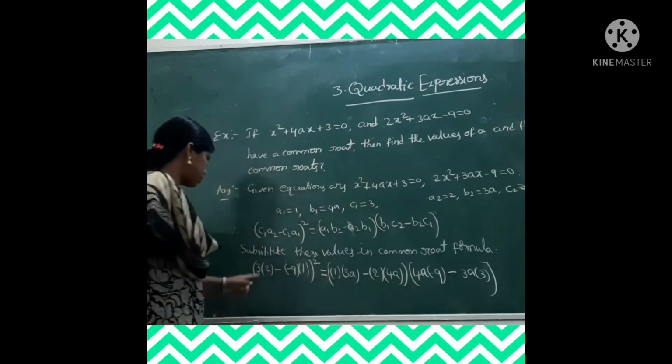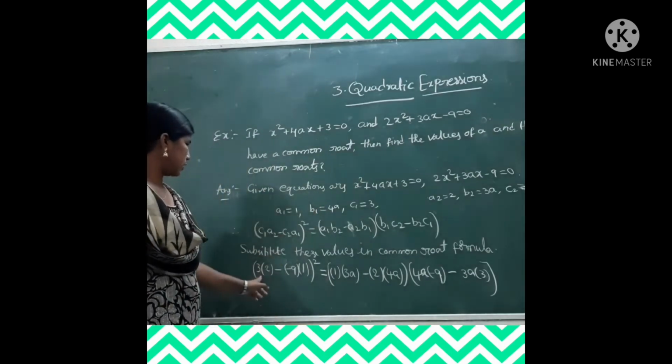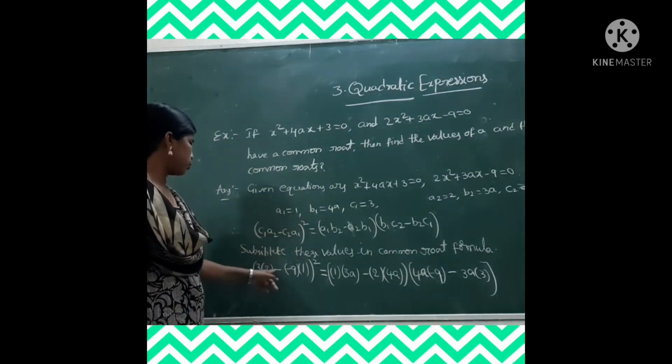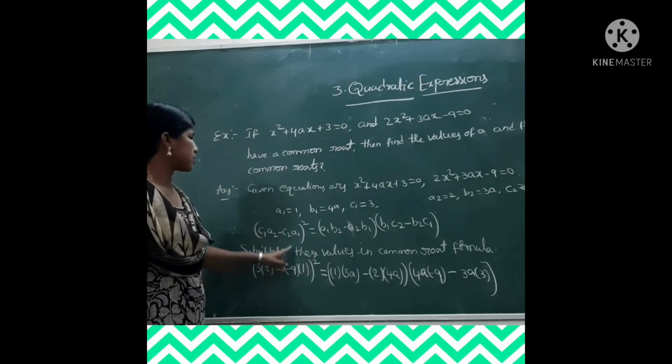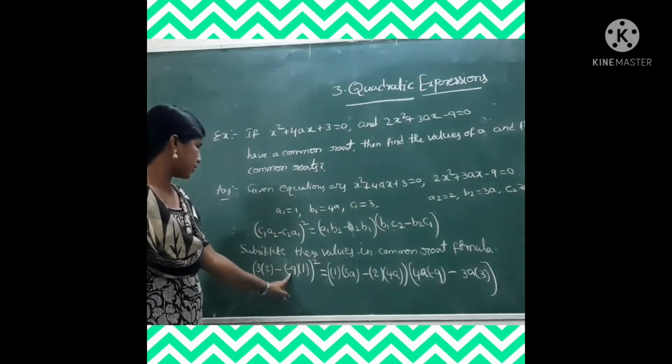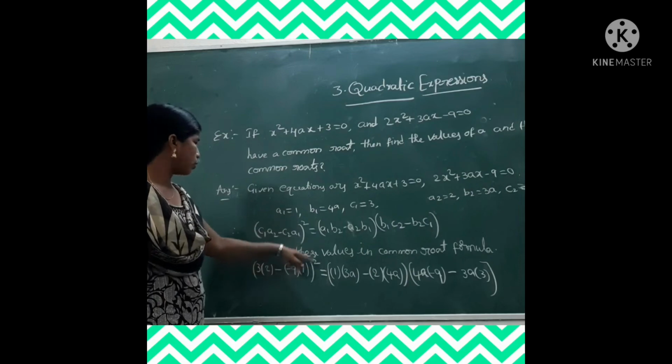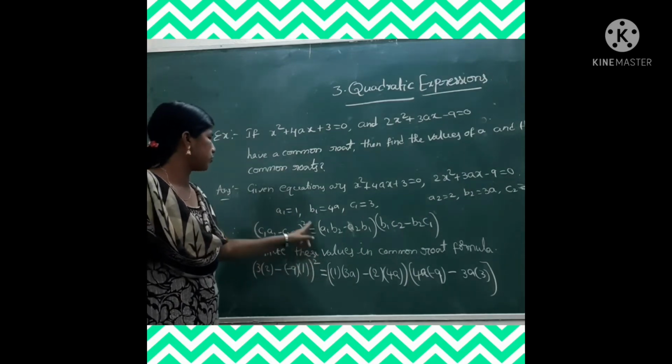Okay, now check. C1 means 3, and A2 is 2, minus C2 means here minus 9, and A1 is 1, whole square is equal to A1 again 1.